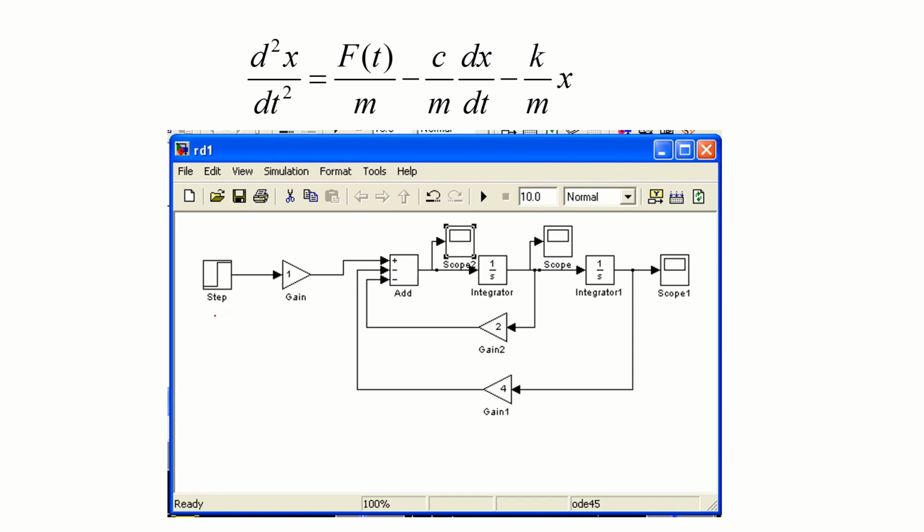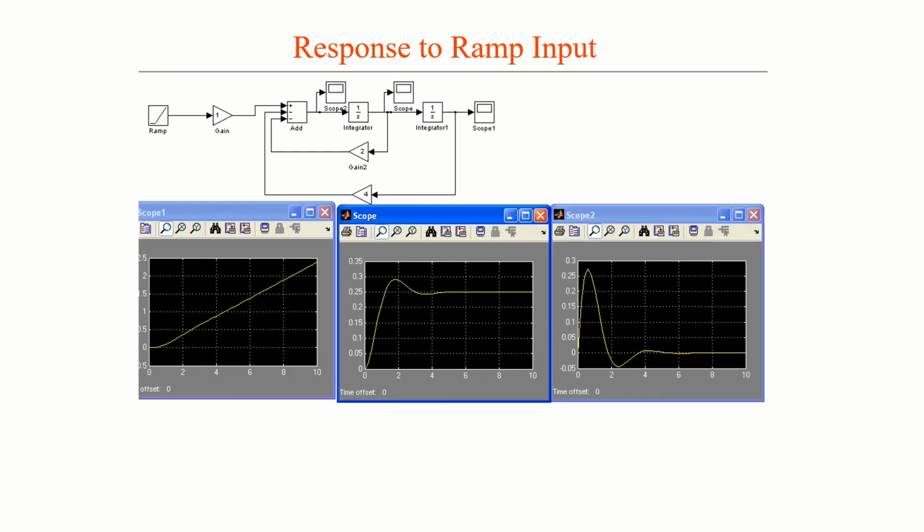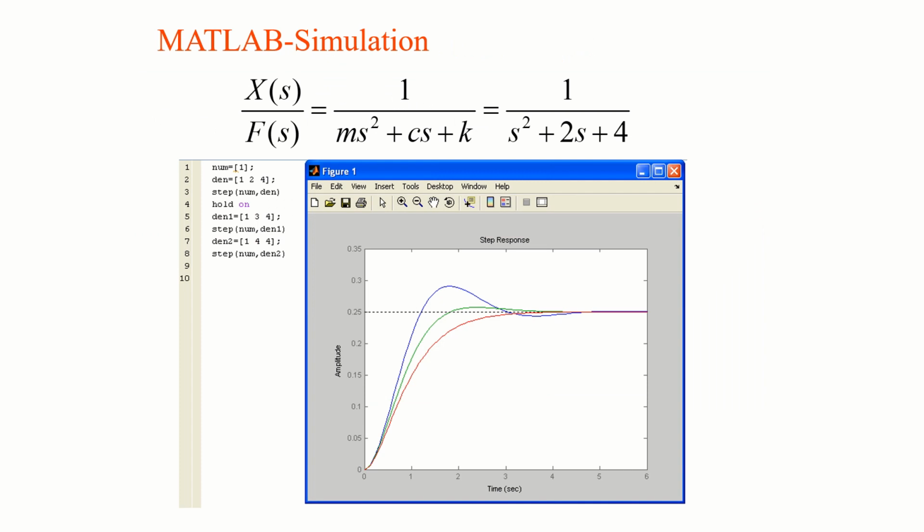If I give a step stimulus for given values of mass, spring and damper values, you can find what is the displacement of the system, what is the velocity, what is the acceleration. This I have already explained. Correct? Similarly, we can study for ramp, right?